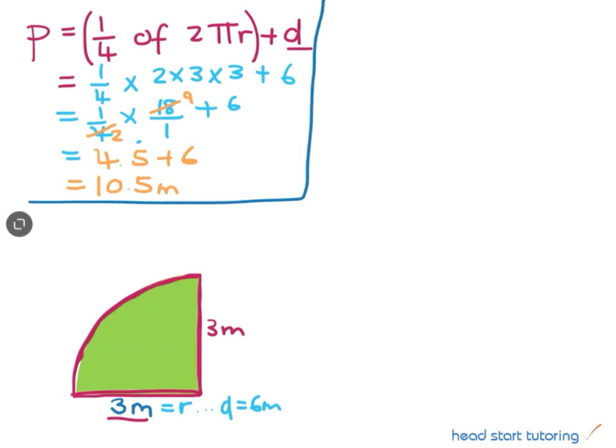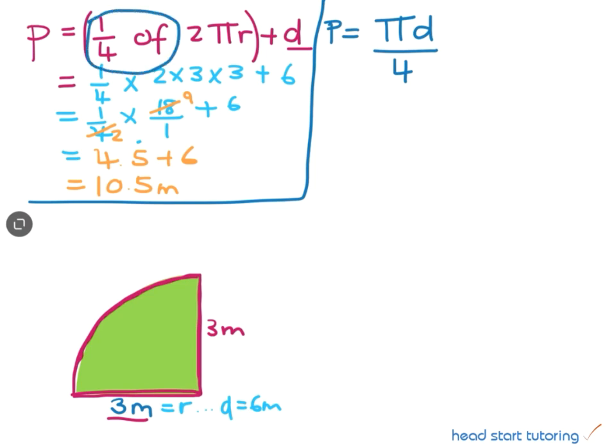Let's have a look at the perimeter of this quarter of a circle using pi equal to 3.14. And let's, in this case, use pi d as our circumference of the full circle. And then let's divide that by 4, because remember, putting something over 4 or dividing it by 4 is exactly the same as working out a quarter of that number.